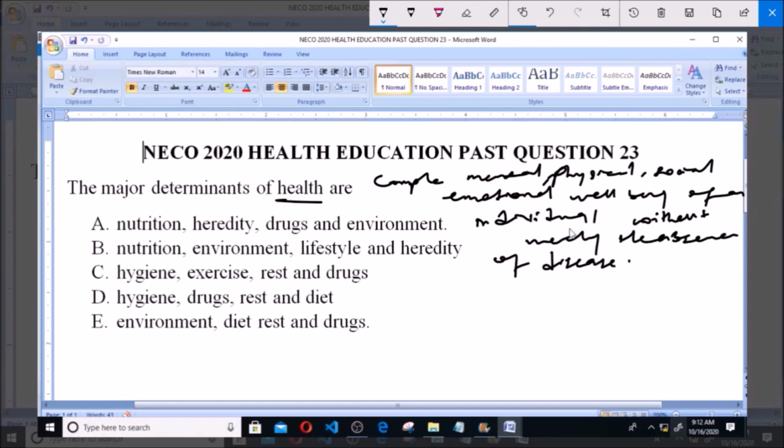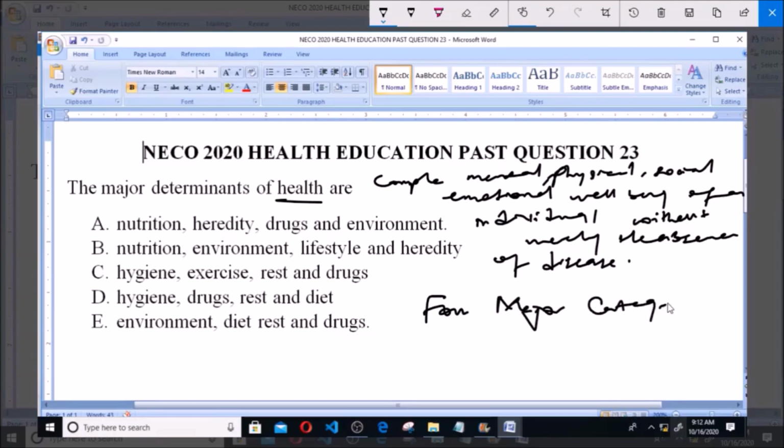Now, this health has its determinants. Determinants of health may be biological, behavioral, social, cultural, economic, and ecological. But these determinants of health have been broadly categorized into four major categories.